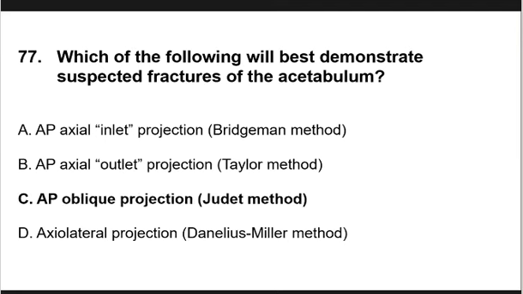When there is a fracture of the acetabulum. Ang axiolateral projection or Danelius-Miller method, anong dine-demonstrate? When there is a suspected fracture of the hip or when there is a suspected fracture in the intertrochanteric area. Yan. So, when there is a suspected fracture of the acetabulum, the answer here, we have the Judet method or the AP oblique projection of the acetabulum.